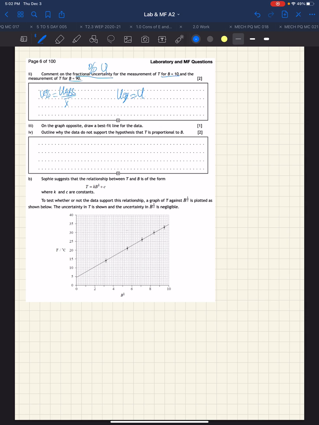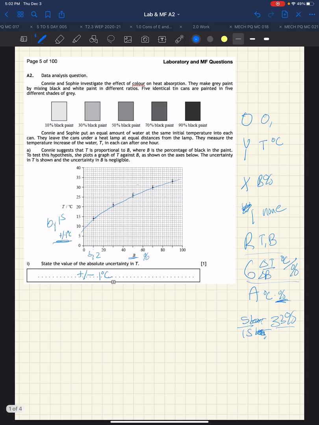For a value of 10, how does this uncertainty compare to this uncertainty? Well, we can see the uncertainties are the same size and B is bigger. So we should expect that standard thing that the uncertainty decreases related to the size of the measurement as it gets larger. We should be able to see that right off the bat, but we can calculate that.